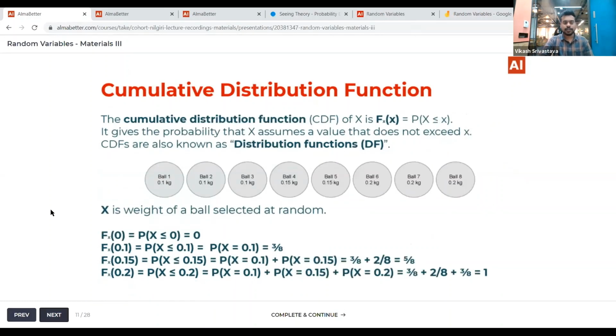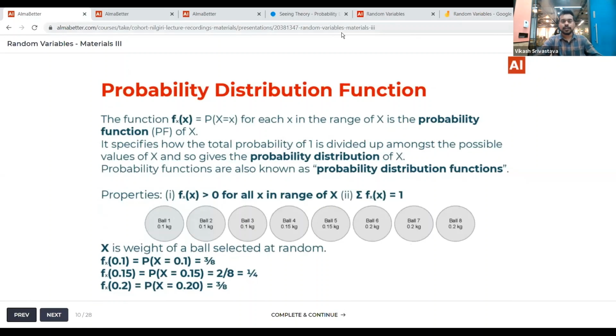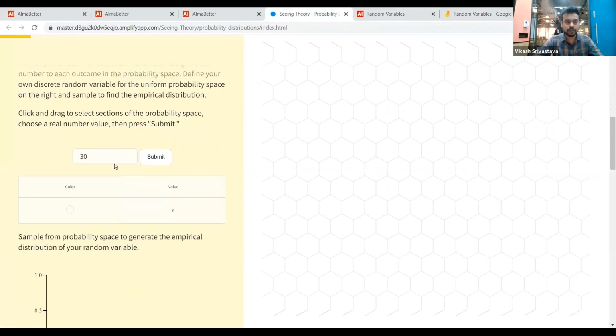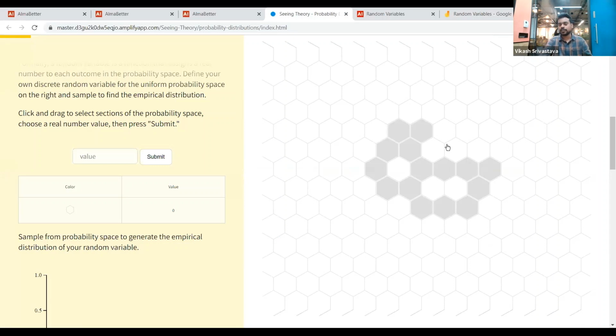Next, in continuation of this, I can show you some cool visualization. Suppose I select certain grids from here. This is a grid of hexagons.